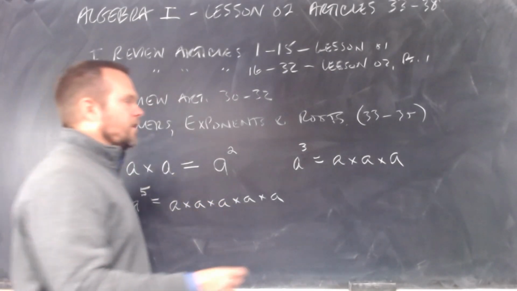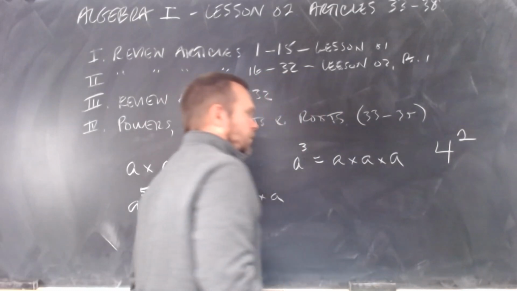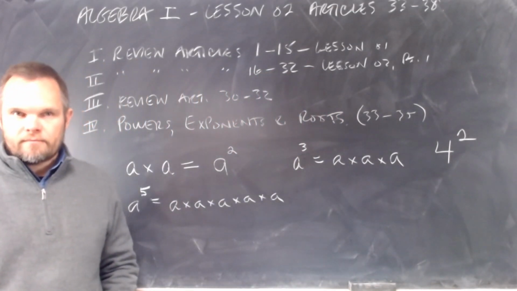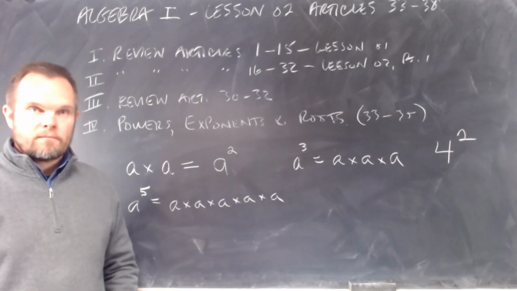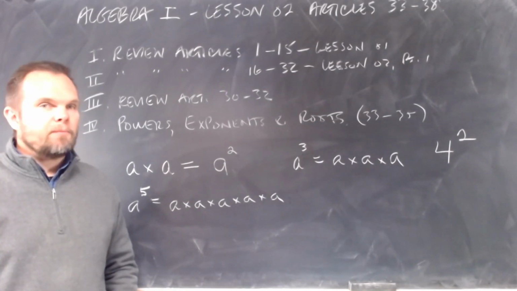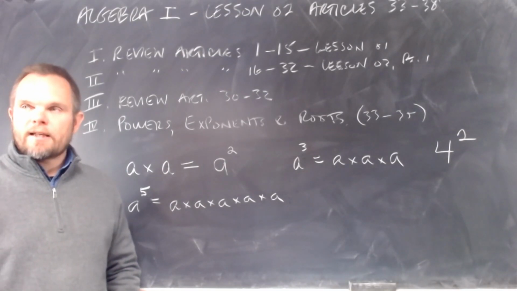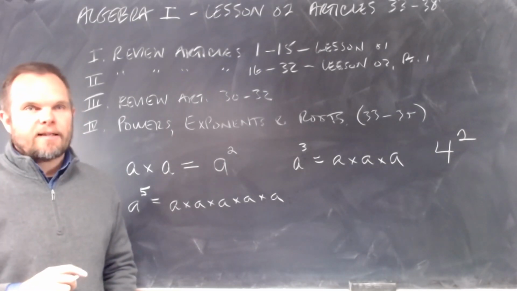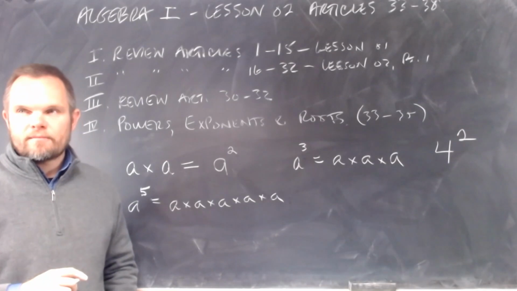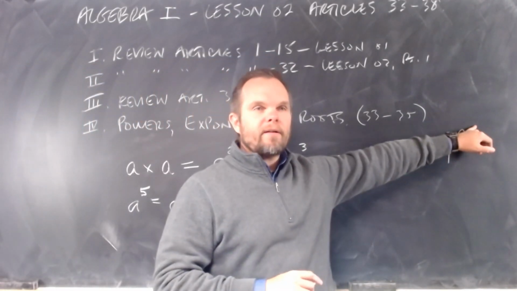So if I have the number 4 with the exponent 2, what does that mean? Not 4 multiplied by 2. 4 taken 2 times as a factor. Okay? We can read this as 4 squared.